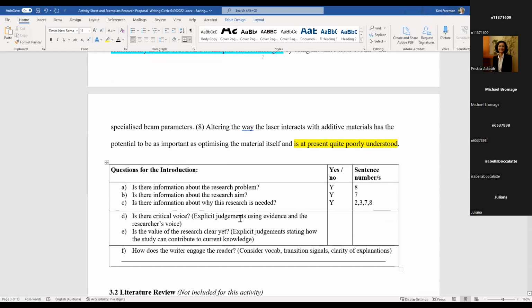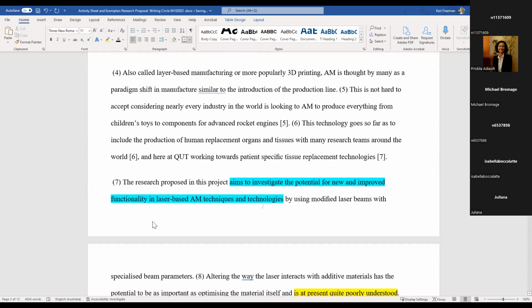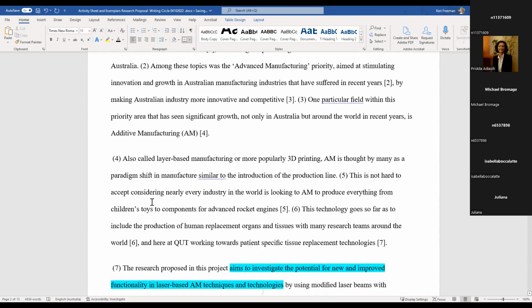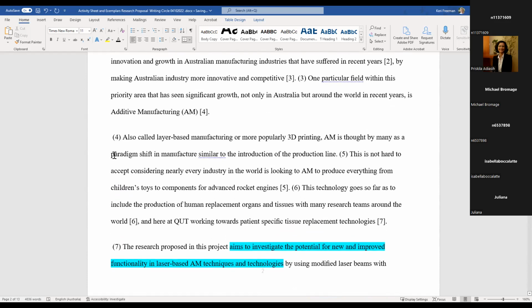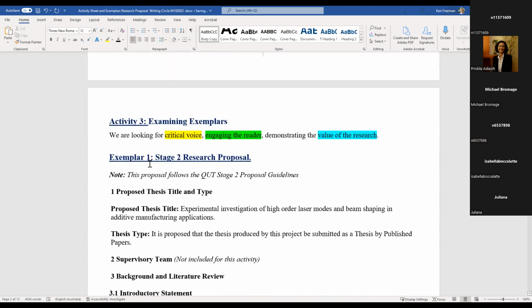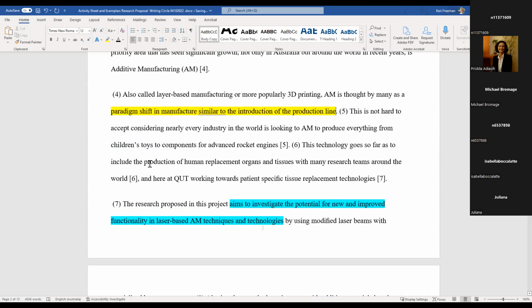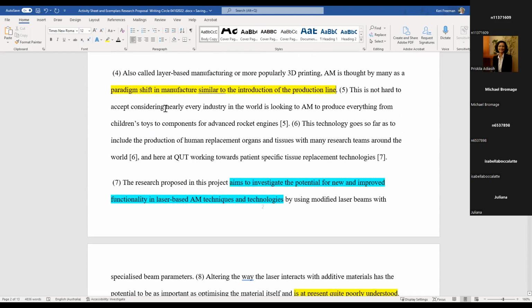Critical voice, so explicit judgments using evidence. I would say yes. These sorts of things here. It's a paradigm shift. Critical voice, yeah. Yeah, I think this is good in here.